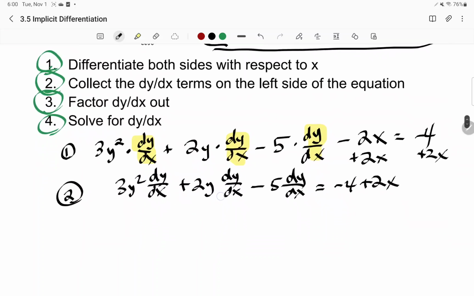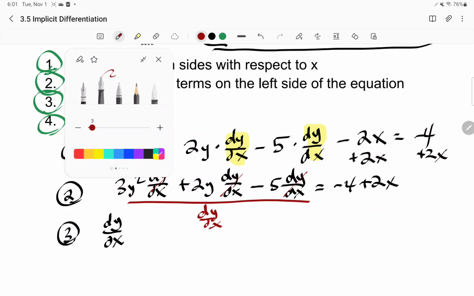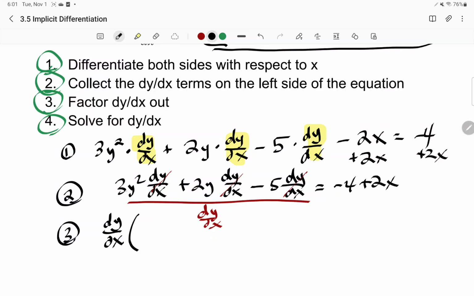And then step 3 would be to factor out. Okay, so all of these terms have a dy dx, so we're going to factor out a dy dx. Literally we are taking and dividing out a dy dx on this side. So that cancels here, here, and here. And now it becomes out front. So it's dy dx times what's left over.